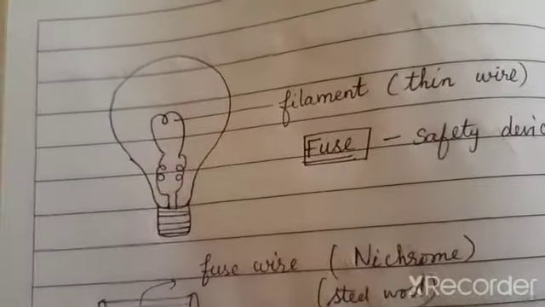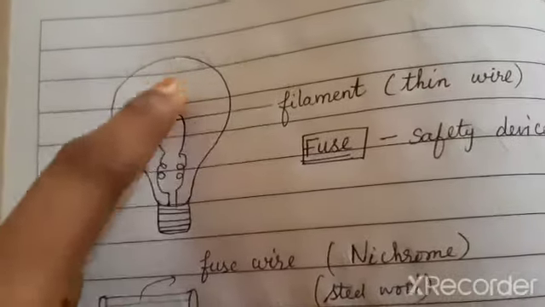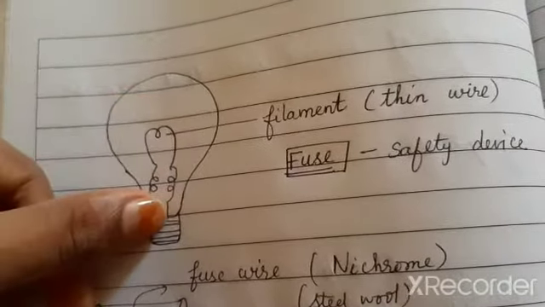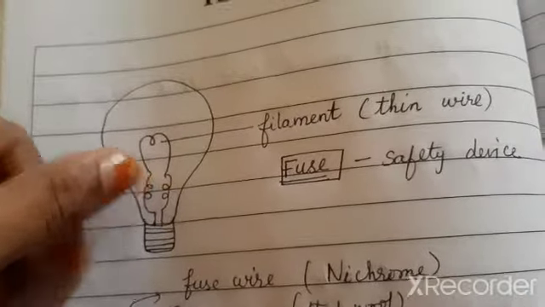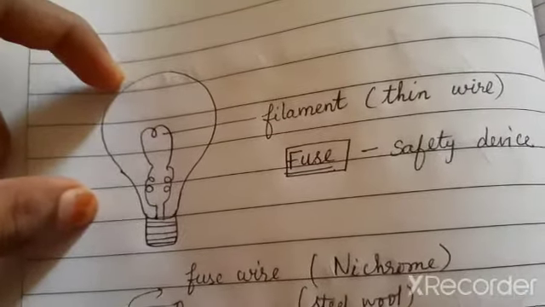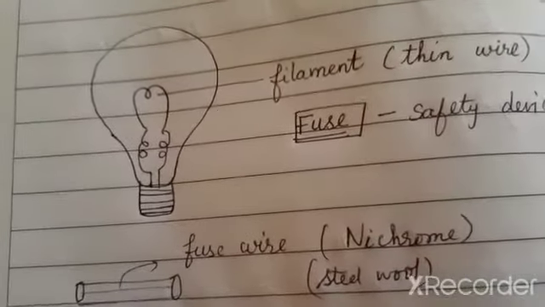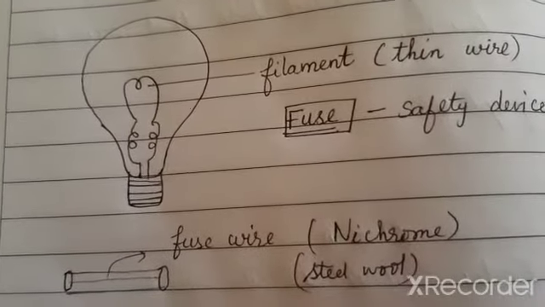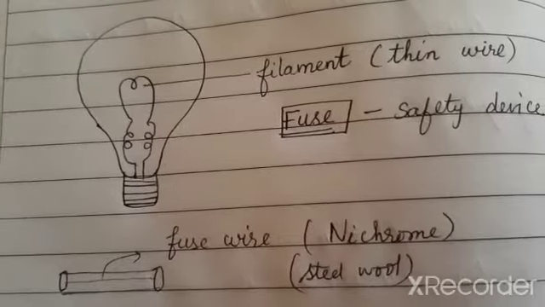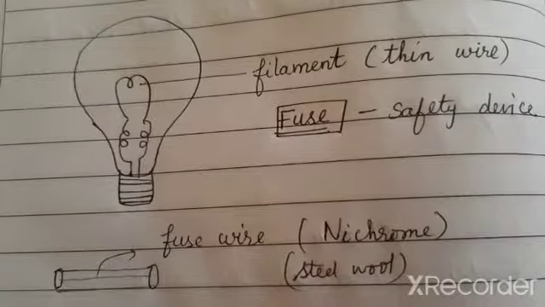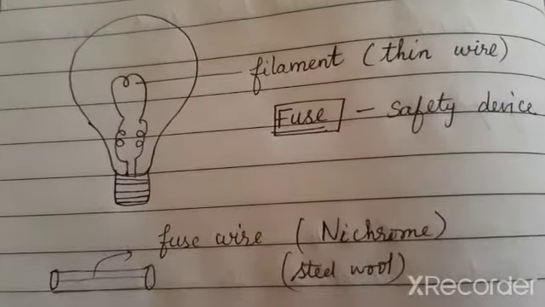If this filament is broken, the circuit is broken, there won't be any supply of charges to this bulb, so the bulb would stop glowing, right? So the fuse is nothing but a safety device which protects the electrical appliances from damage in case of oversupply of electric current.